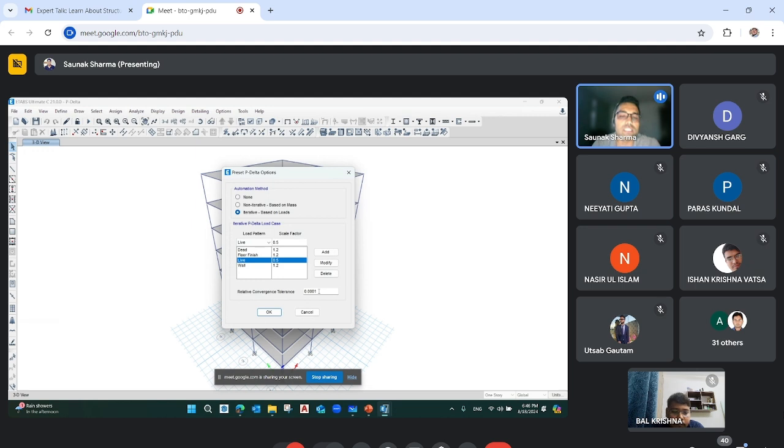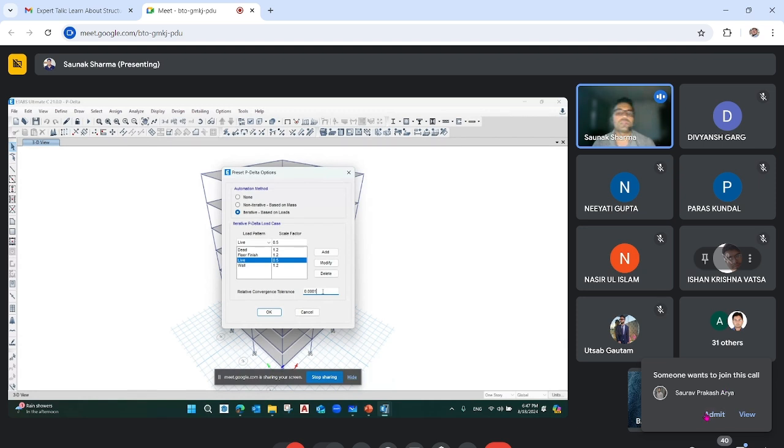This is iterative. Until the difference between two consecutive results is lesser than this value, the software iterates and analyzes again and again.